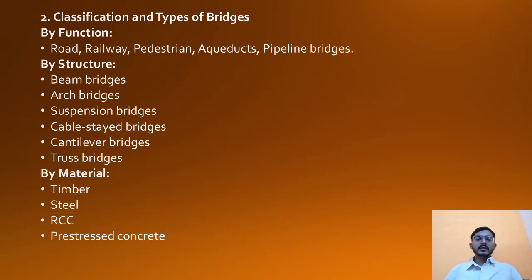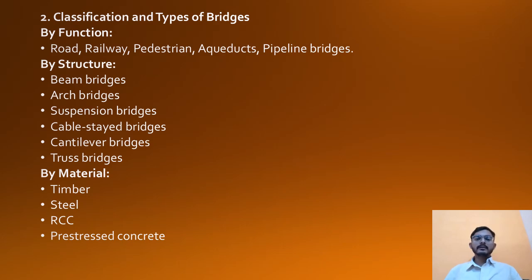So let us see the classification and types of bridges. First, classification by their functions: bridges are built for road, railways, pedestrians, aqueducts, and pipelines. Classification based on type of structure: beam bridges, arch bridges, suspension bridges, cable stayed bridges, cantilever bridges, and truss bridges.